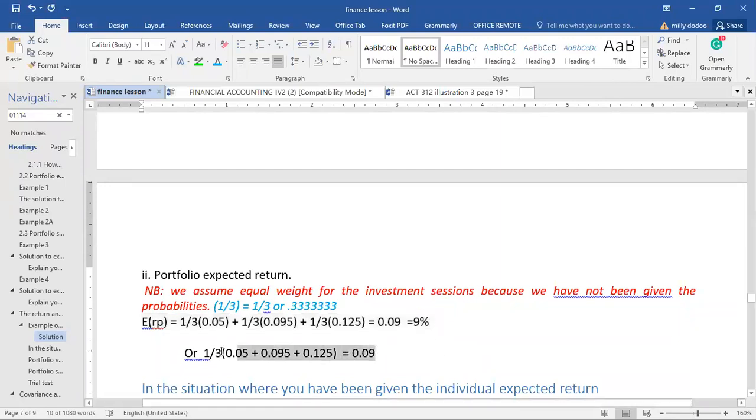But when you use the other one, your chances of making a mistake are very high if you don't understand the weights and the probabilities very well. The day you are given different probabilities, you'll be found wanting. But with this method, whether the probabilities are the same or different, you get the same answer.